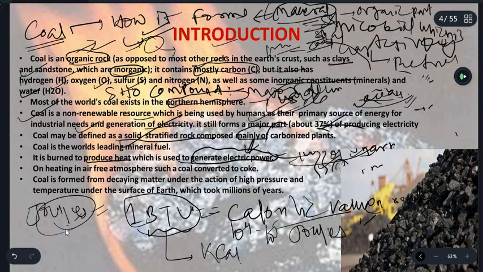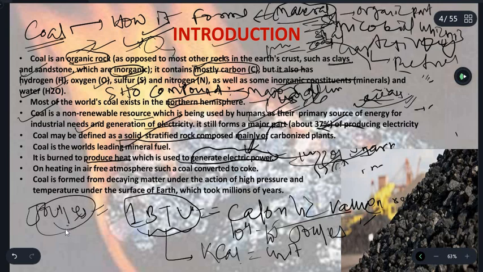So what is the British thermal unit? Can anyone tell me? The energy that comes out from the burning of coal. Exactly, the amount of heat generated from 1 unit weight of coal.